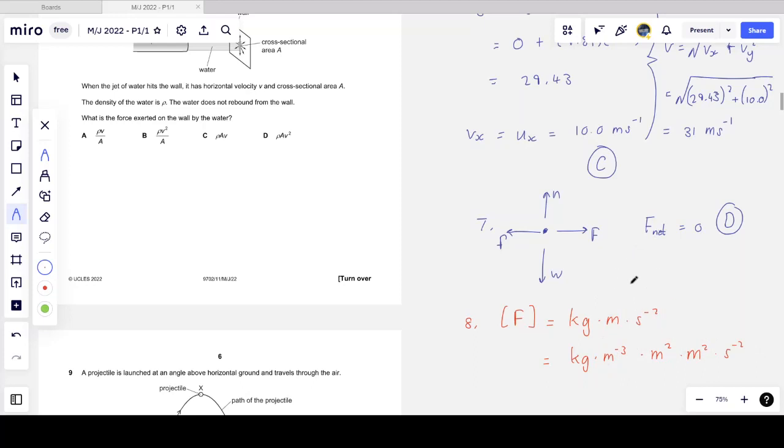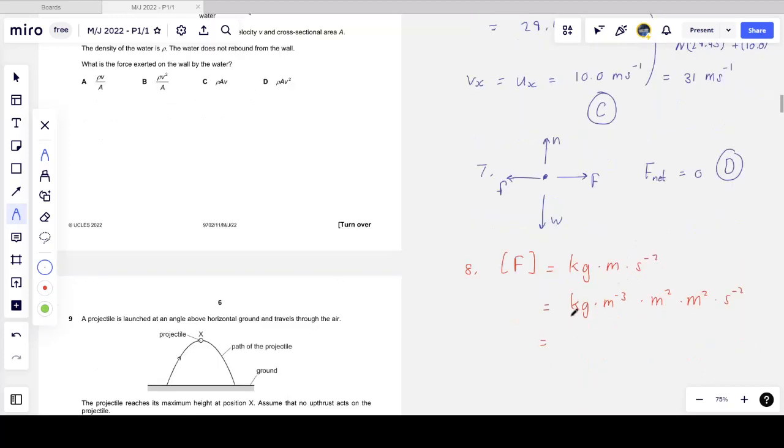Why did I do it in this way? Because if I look very carefully, a kg per cubic meter is the unit of measurement for mass density, rho. I'm going to use square brackets to denote the units here. And a meter squared is simply the units of measurement of an area.